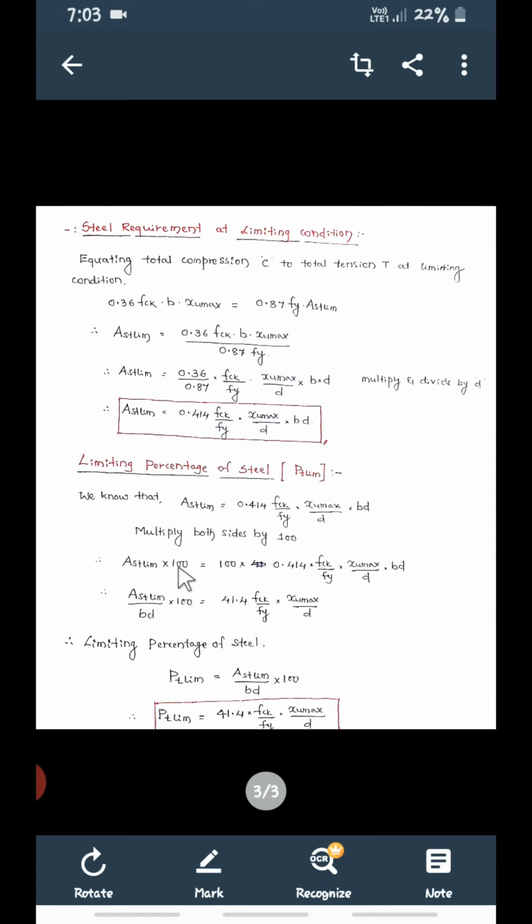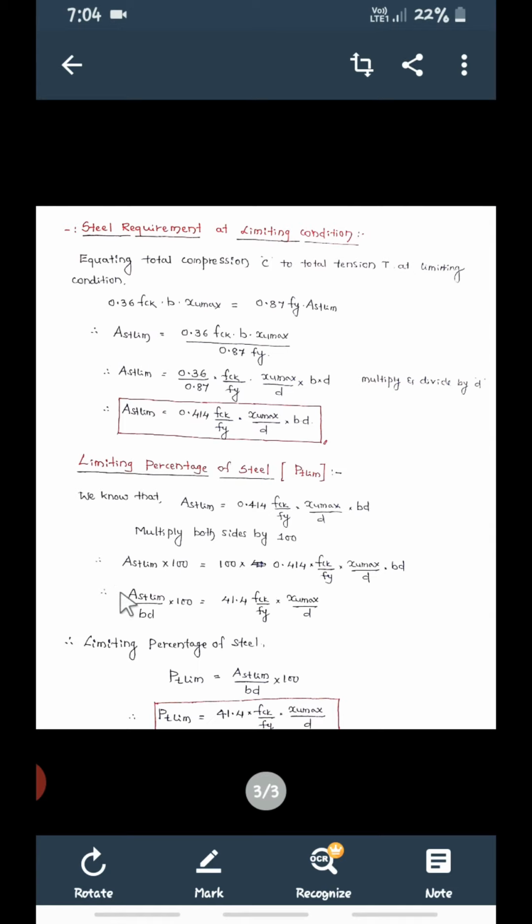So AST limit into 100 divided by BD is equal to 100 into 0.414, which becomes 41.4, 41.4 into FCK upon Fy into XU max upon D, and this BD we have already taken at the bottom.